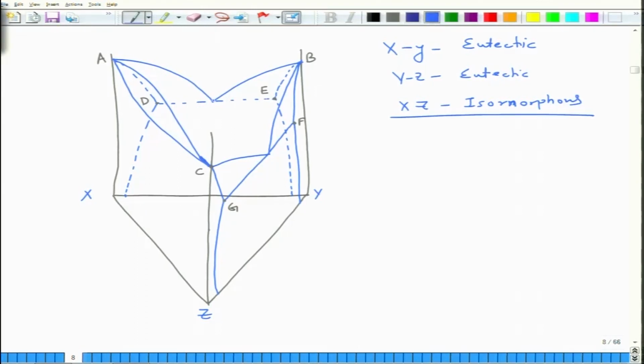So, this could be, for example, point M, this could be N, okay. And we can draw some internal boundaries as well.